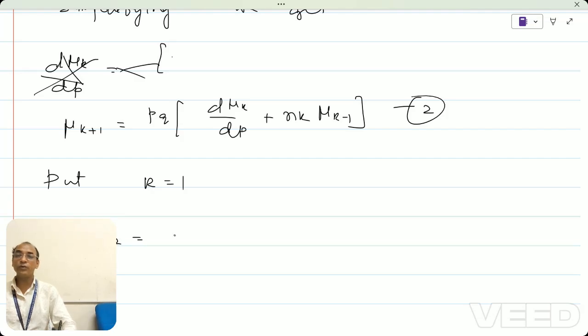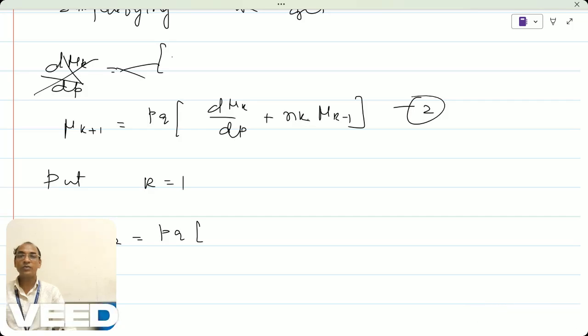This will be mu2 equals pq into d mu1 by dp, and mu1 will be 0, so this will be 0, plus n into 1 into mu0, and mu0 is nothing but 1. So I will have n, which will give you npq. This is your variance of x.